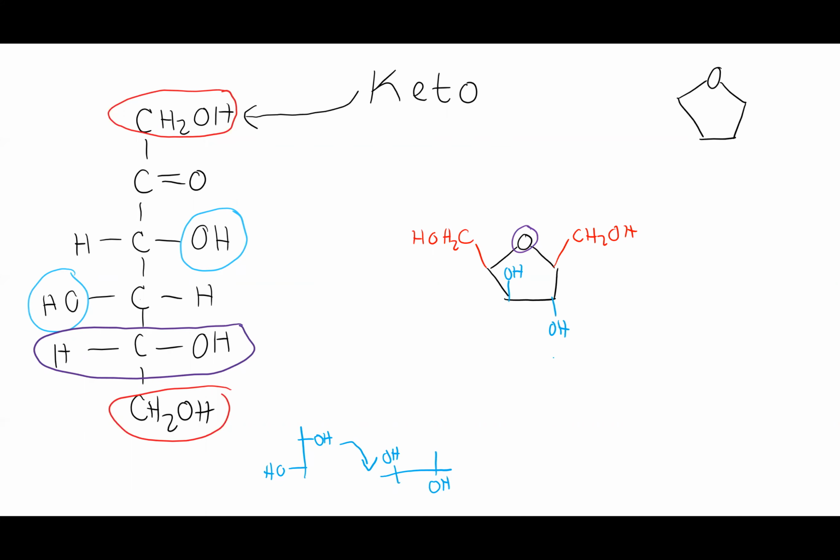And then, of course, lastly, this oxygen becomes our final OH group with undetermined positioning. Okay, so this is what a ketone sugar would look like. That was a 5-membered ring.